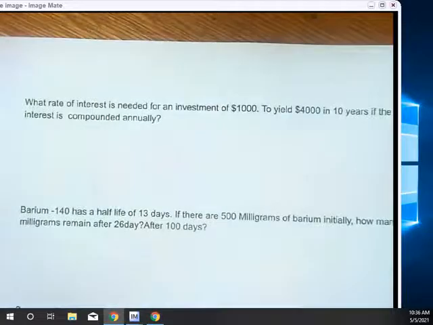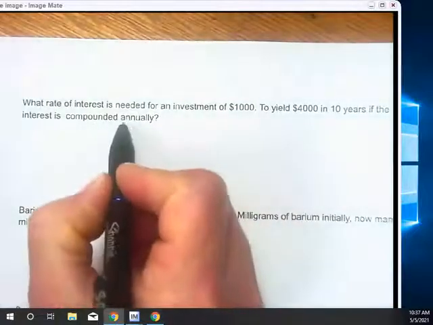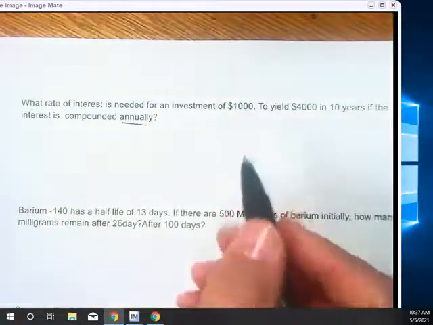What rate of interest is needed for an investment of $1,000 to yield $4,000 in 10 years if the interest is compounded annually? Which formula are you going to start with? Compounded annually means once a year.